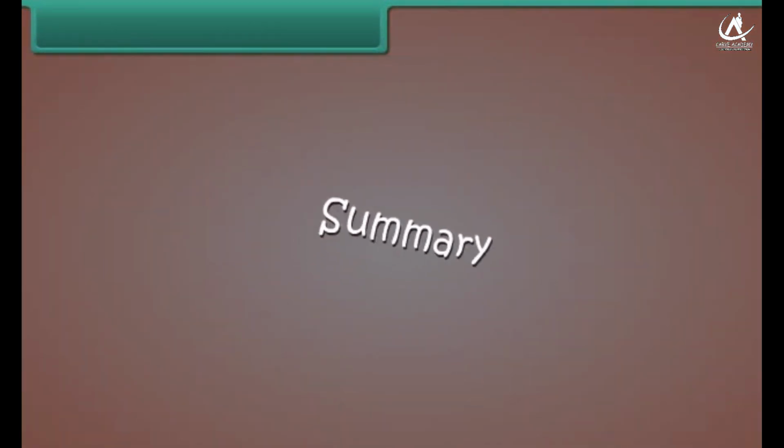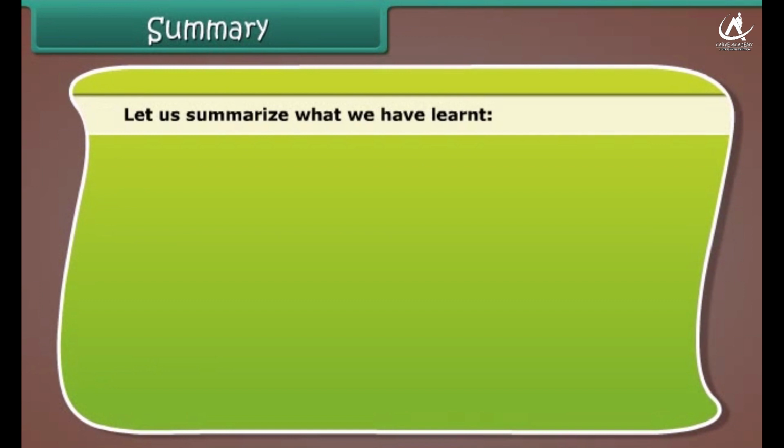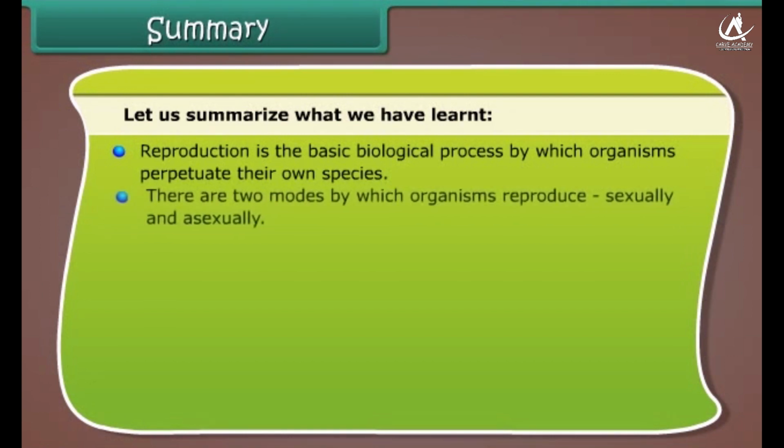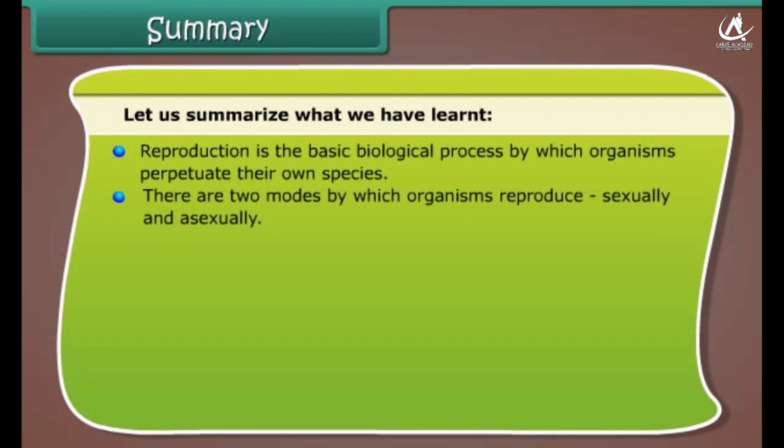Summary. Let us summarize what we have learned. Reproduction is the basic biological process by which organisms perpetuate their own species. There are two modes by which organisms reproduce, sexually and asexually.